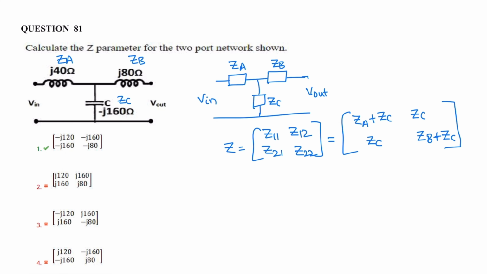The resultant is j140 minus j160, that is minus j20 ohm, then minus j160 ohm, and j80 minus j160, that is minus j80 ohm. So the correct one is option 1.